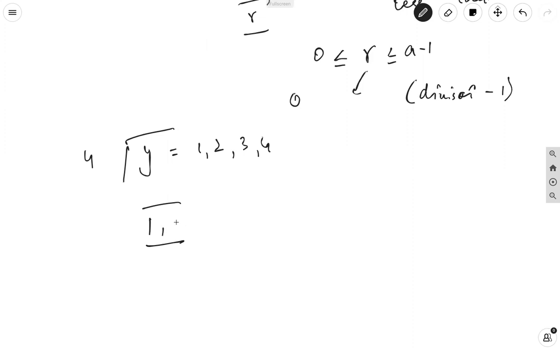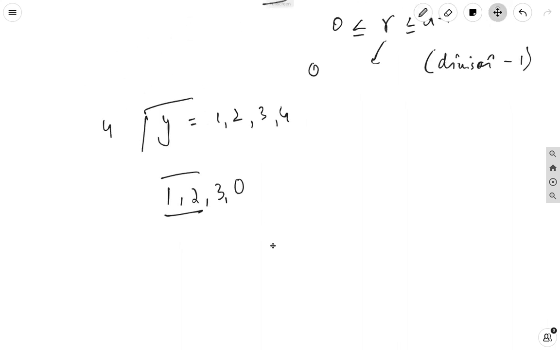If y is 2, the remainder is 2. If y is 3, the remainder is 3. But if y is 4, the remainder is 0. Right? So the remainder must be in the range 0 to 1 less than the divisor. Right? Yes.